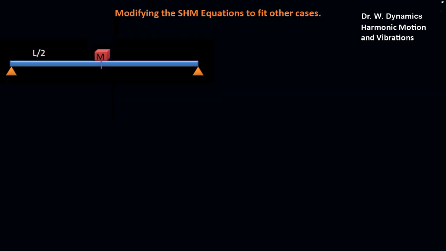A key equation is that we need to look for some kind of F is equal to minus Kx. We call that a linear restoring force, which is a requirement for true simple harmonic motion and our characteristic equation to work. Now in this case, we have a beam that's being deflected by a weight at the center, and we have an equation for that.